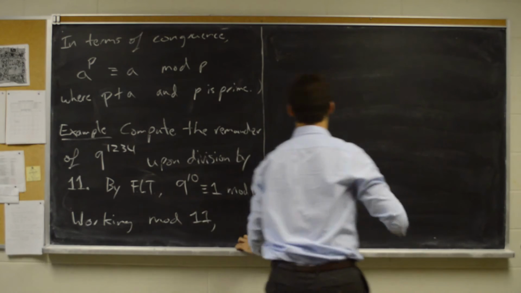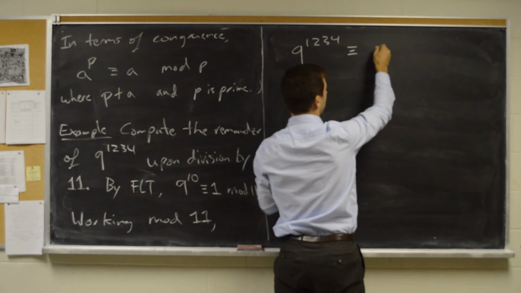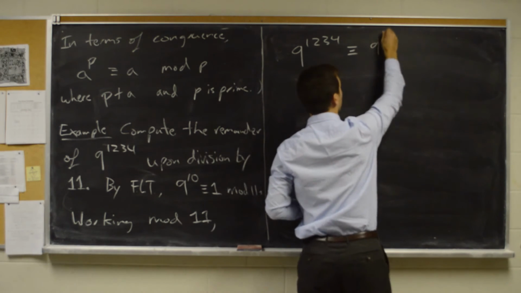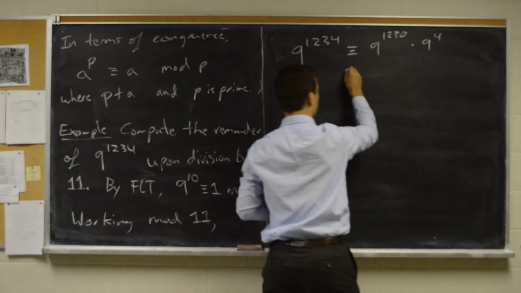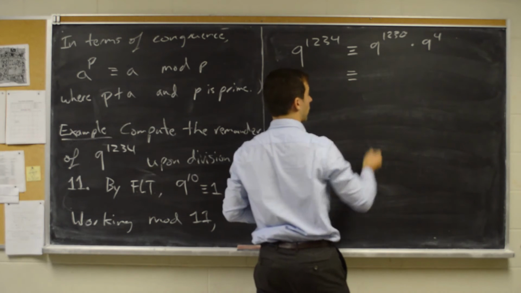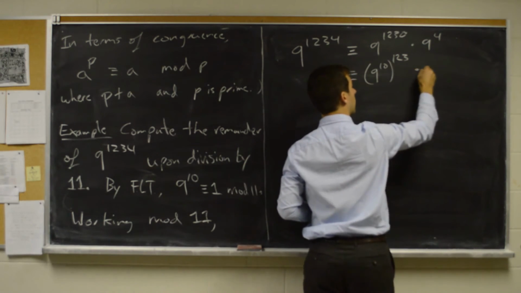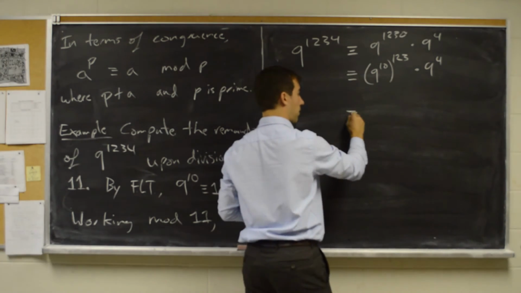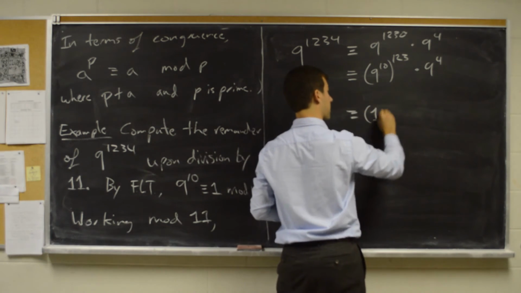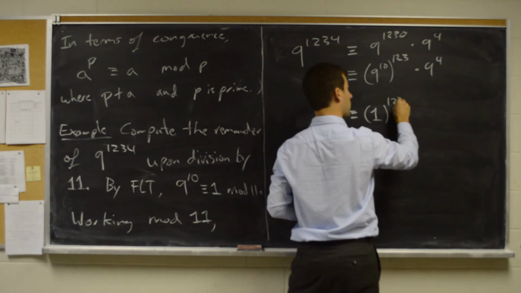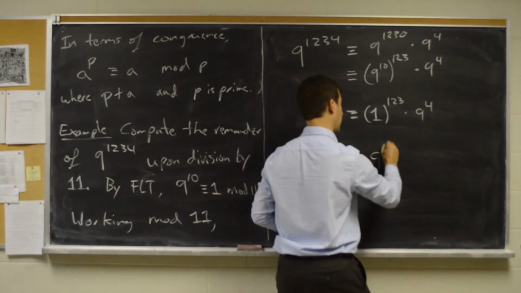Let's break it up. 9 to the 1234 is the exact same number as 9 to the 10 raised to the 123, times 9 to the 4. Now you see how we're going to use Fermat's little theorem. 9 to the 10 is congruent to 1, so this term vanishes, and we're left with 9 to the 4.